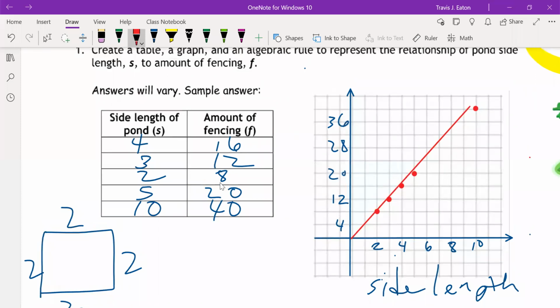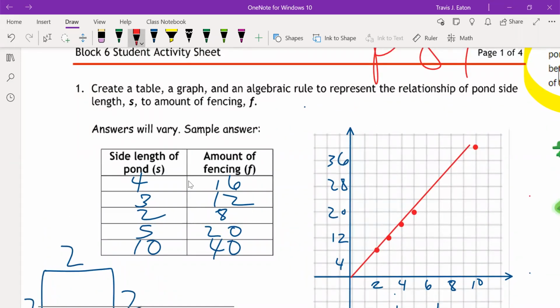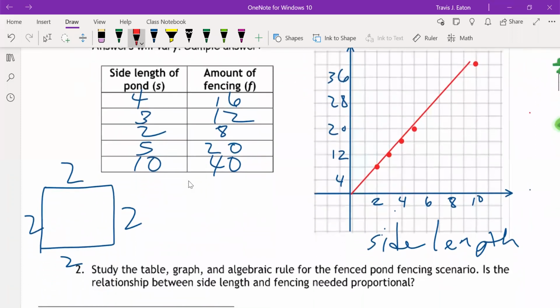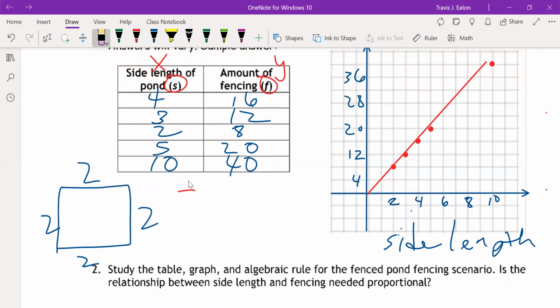So with that being done, we've got our table, we've got our graph, but now we need to come up with our algebraic rule. Usually this would be our Y column and this would be our X column, but in this case we're using F and S. If this is S, what's our algebraic rule going to be?